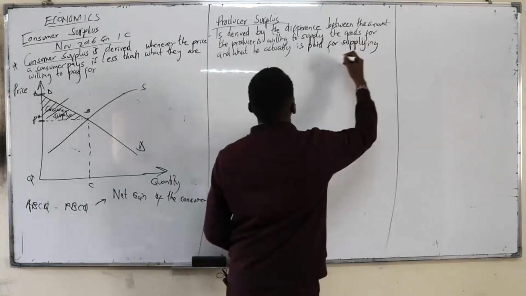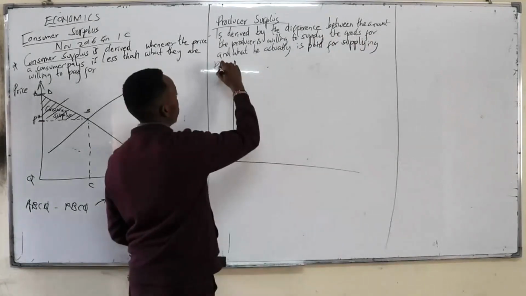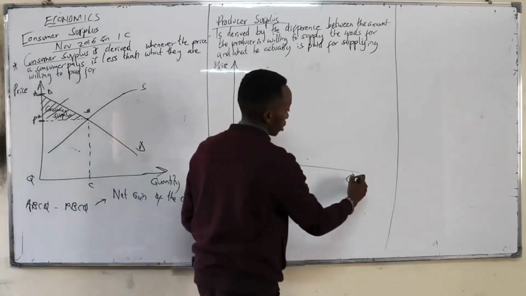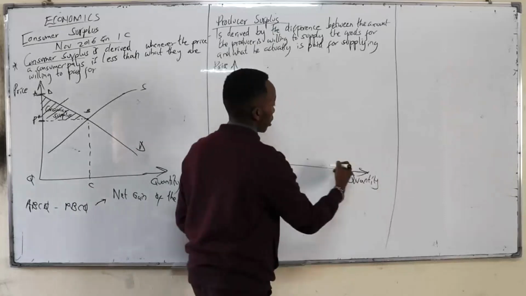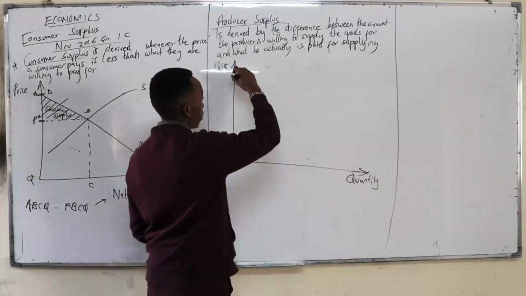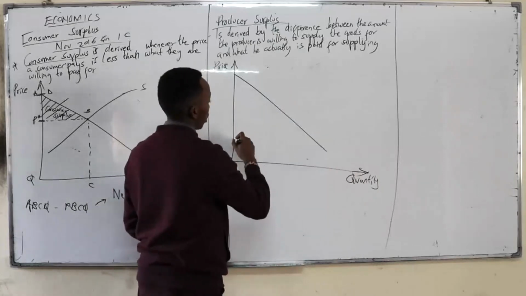Now, the vice versa is also true. If this is the price and this is the quantity, now we are looking at supply. Now it's not demand. You have the demand looking like this, and then the supply looking like that.